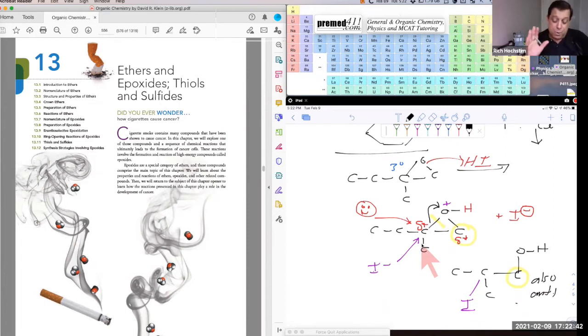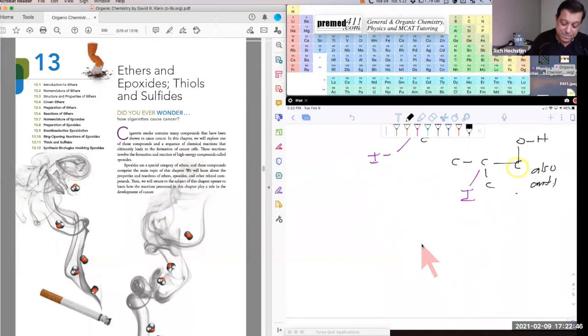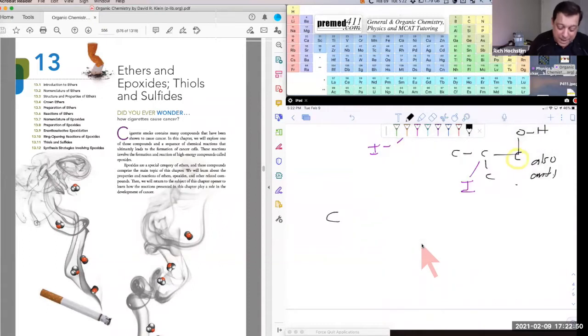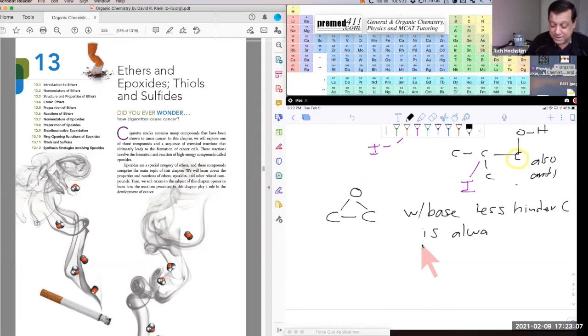Okay, so what we've done is we've done this strictly with acids. What happens is if you have an epoxide and you're going to do it with a base, the less hindered carbon is always attacked.